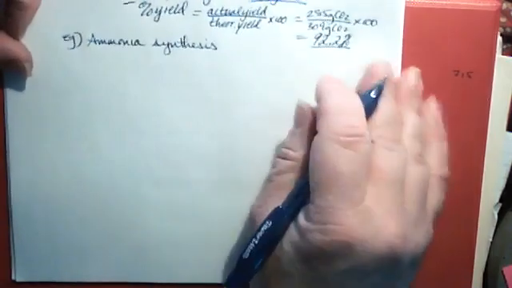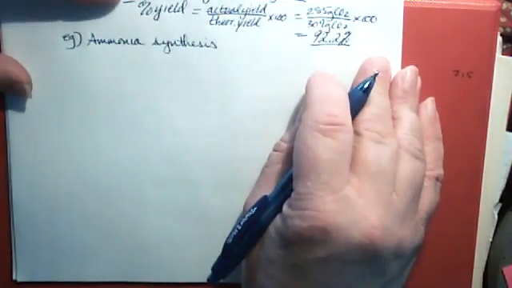Okay, so as one more example. There are several different ways to make ammonia.